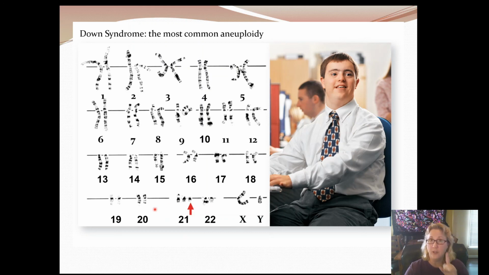Monosomies, meaning only one copy of any of the 22 autosomal chromosomes, are not survivable to birth. We don't know of any individuals who have that. So those conditions are embryonic lethals or fetal lethals.